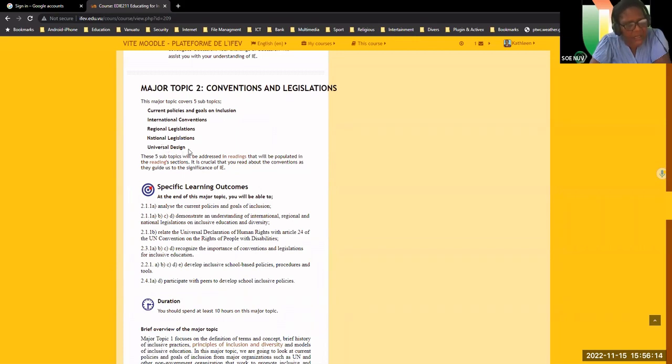UDL means that all activities that we do have to satisfy what all students need to learn. So we don't discriminate. So universal design, when we look at our Moodle platform, simply means that one fits all.